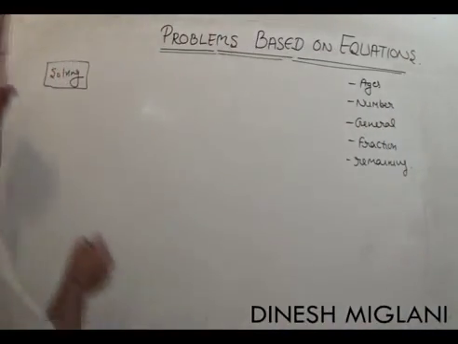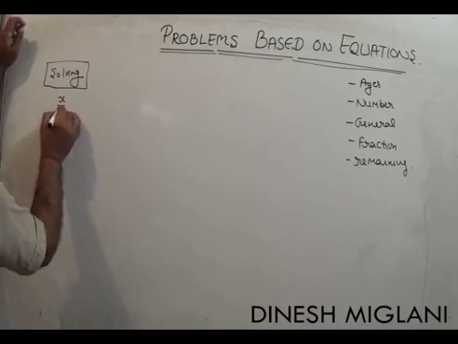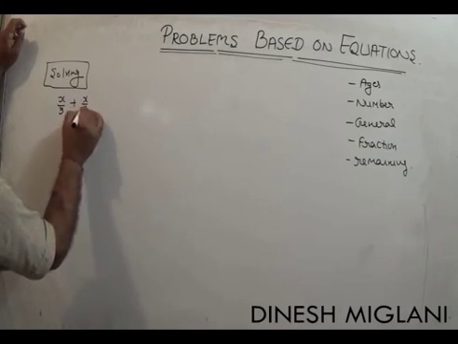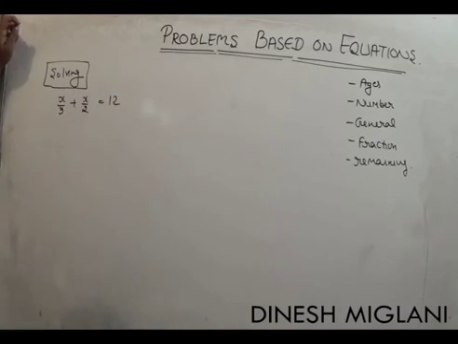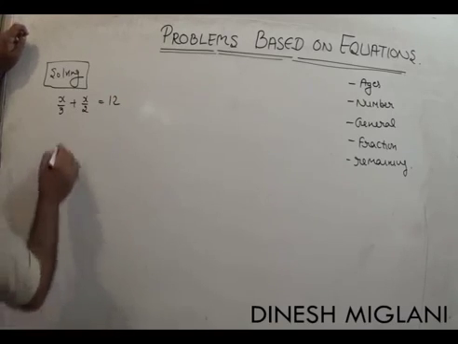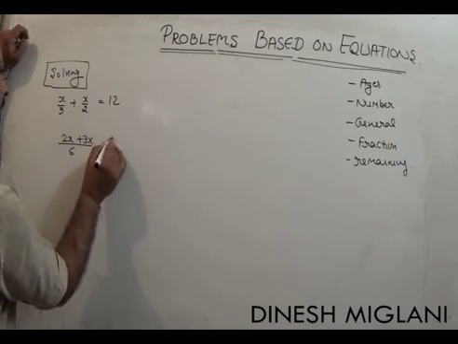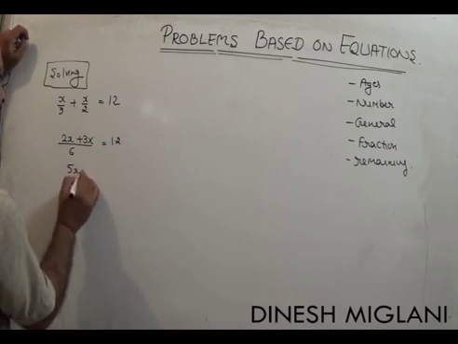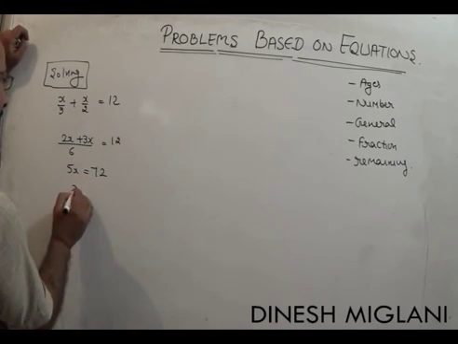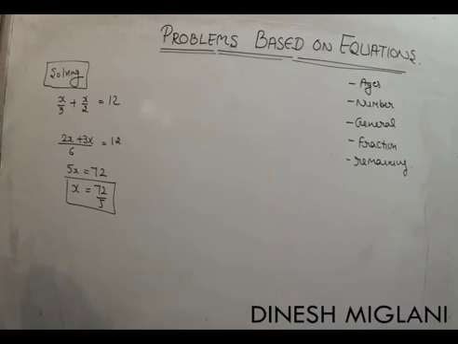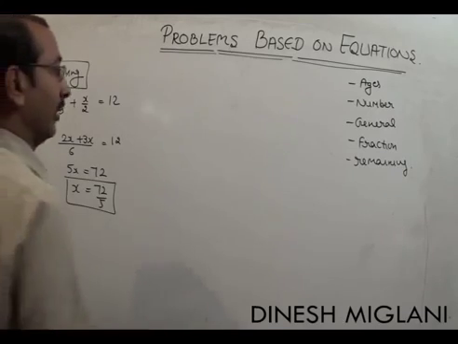For example, if I say x by 3 plus x by 2 equal to 12, I have to find the value of x. Here my LCM is 6. This is 2x plus 3x equal to 12. Here I can say 5x is equal to 72. x is equal to 72 by 5. That's my answer.